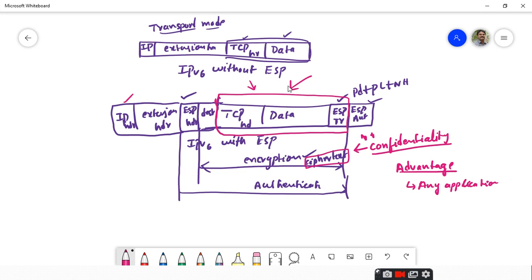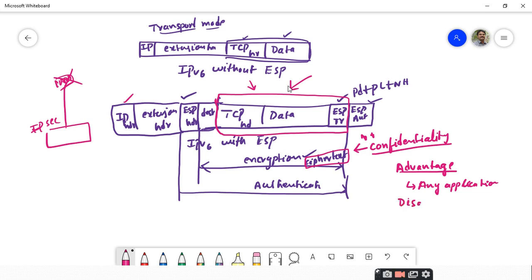Whatever data you take, any application, if it is going to transmit the data via IP and you are securing this IP with IPsec, using ESP, then every data that is transmitted by any application is secured. There is no need to individually secure each and every application. So, nothing to do with the application layer. No need to provide the security at the application layers, because all the application data will be transmitted via this IPsec. So you are providing the security for every data provided by every application. That is the advantage we have.